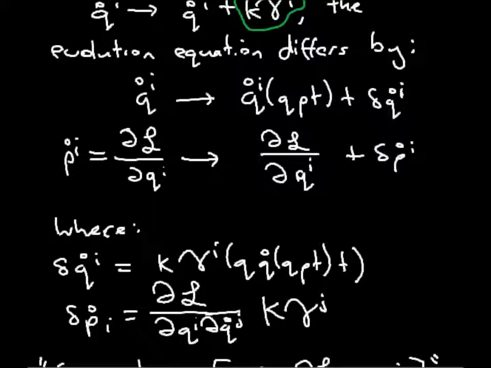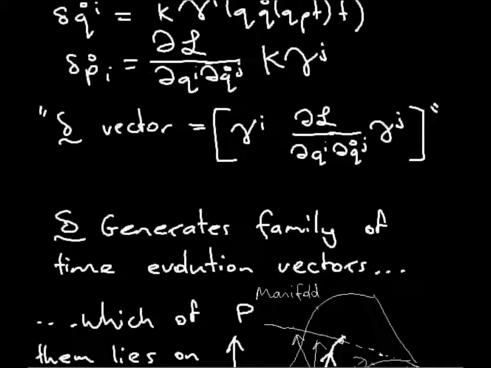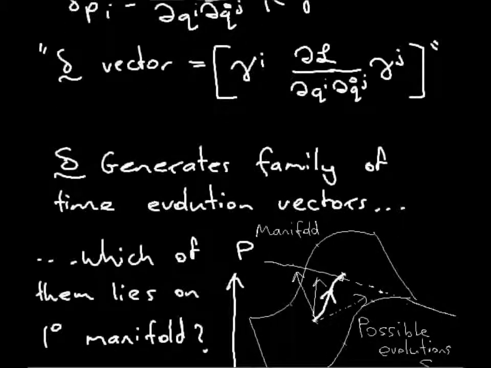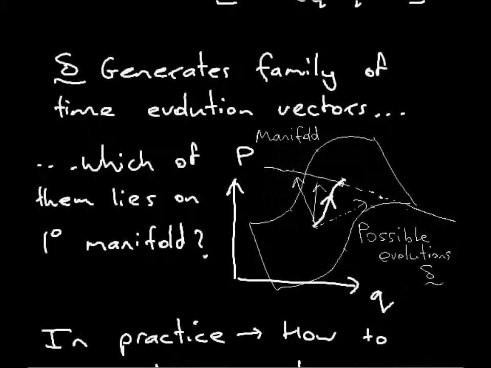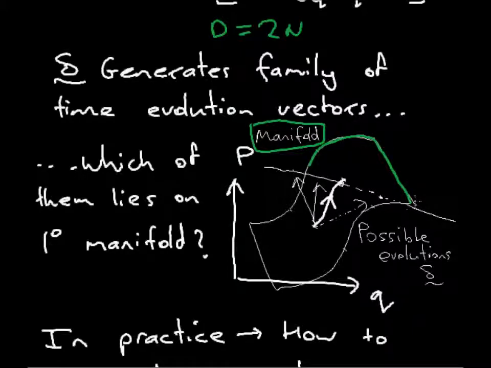It looks like Euler-Lagrange is indifferent between all these possibilities, but this freedom is deceptive because singular systems are constrained to stay on the primary manifold, whereas in the regular case, phase space coordinates are physically meaningful everywhere. There are 2n dimensions in phase space, but the primary manifold loses a dimension for every rank missing from the Hessian, while the space of possible evolution vectors starts at 0 and gains 1 for every missing rank.